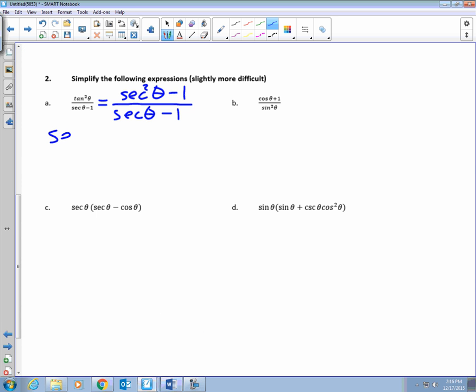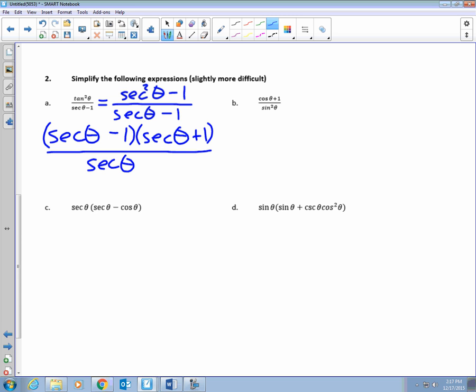So I have secant minus 1, secant plus 1, all over secant minus 1. What happens? Which ones cancel? That piece cancels with that piece because it's written as multiplication. So the answer is secant plus 1.